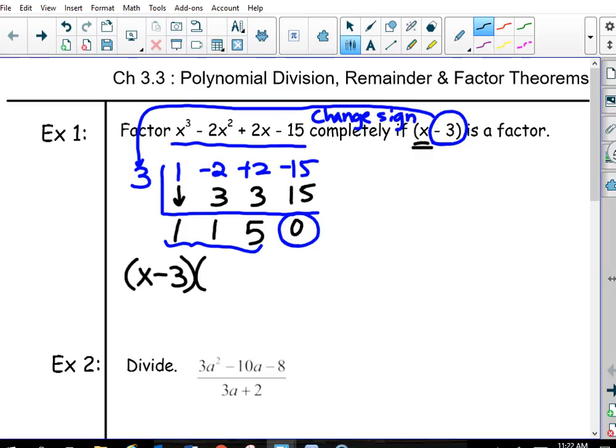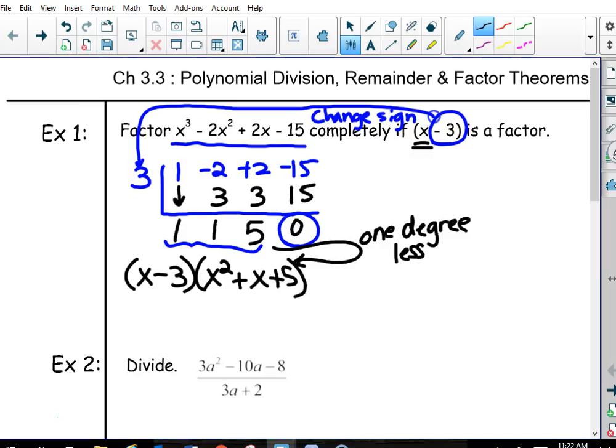That means the result of my division, what math calls a quotient, is going to be down by 1 degree, 1 degree less than our original polynomial. So that was third degree. This is going to start as 1x squared plus 1x plus 5. Now, can we factor that, or are there two numbers that multiply to give us 5 and add or subtract to give us 1? No, so that is completely factored.